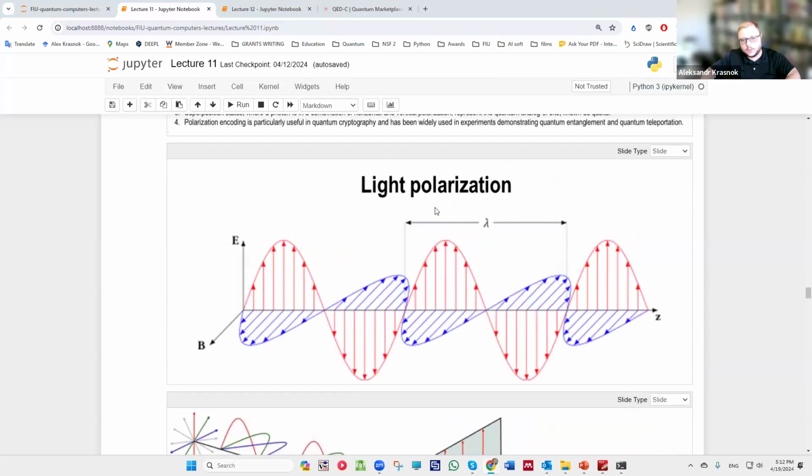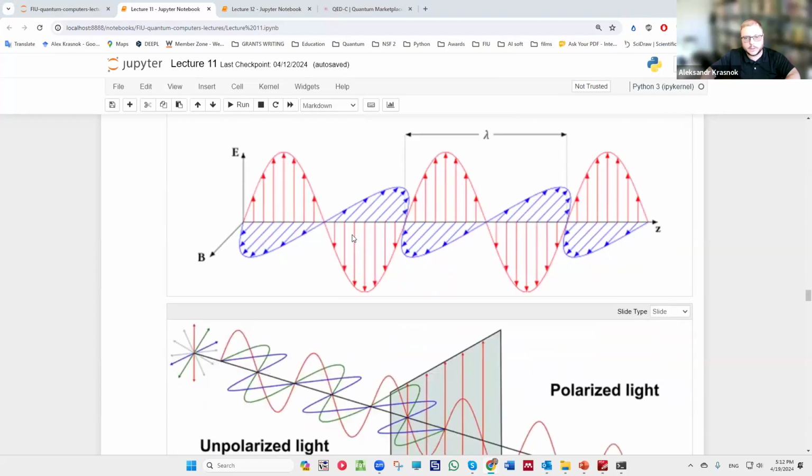Another degree of freedom that we use to encode the information is the light polarization. We know that light in free space is a wave with a polarization plane, right?